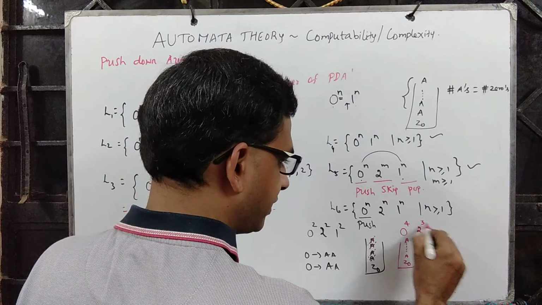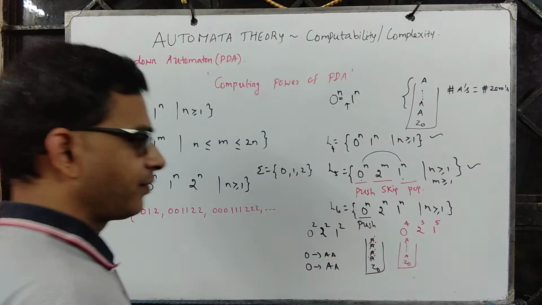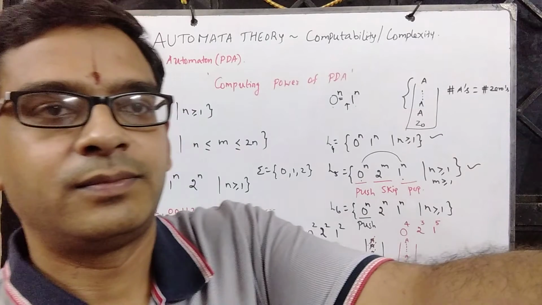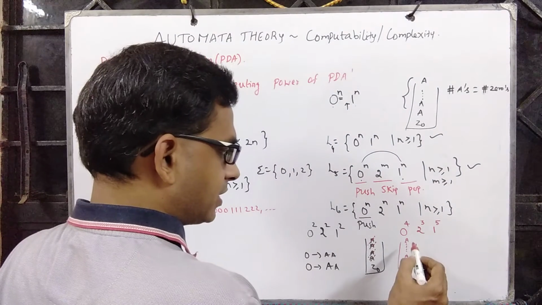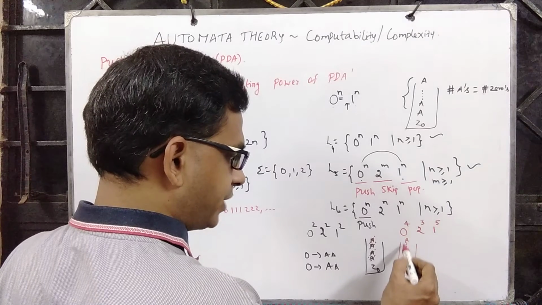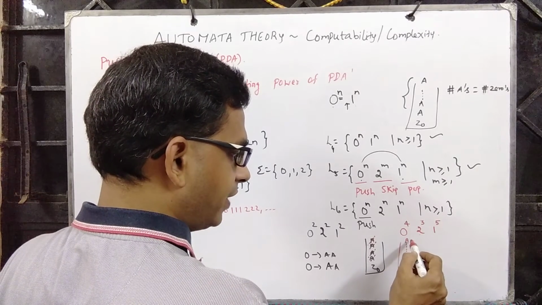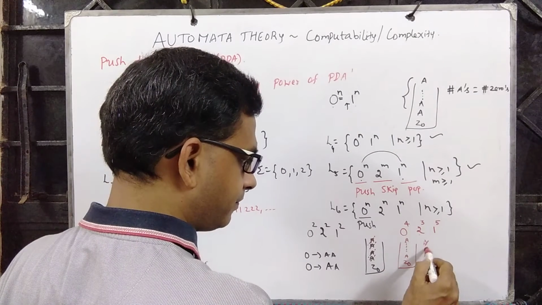Suppose it is 2 power 3 and 1 power 5. Okay. So now what happens? For this we would have pushed 8 A's. When we look at 2, we pop the top 3 A's out of the stack.